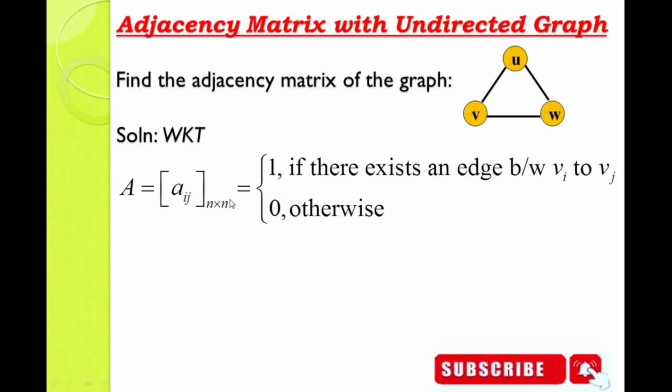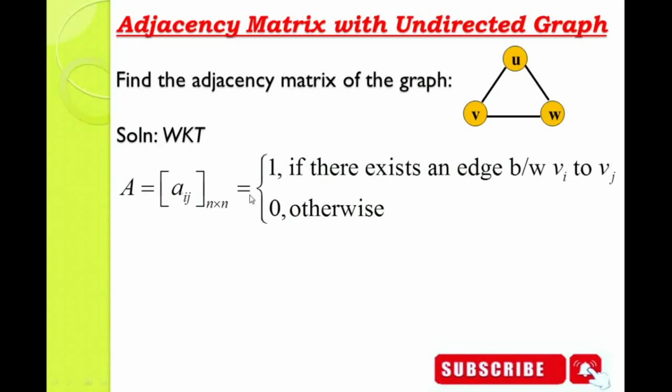Okay, so we consider both rows and columns are vertices only. So you get what is your adjacency matrix? You get a 3 by 3 adjacency matrix. Okay, so what is the meaning of 1? If there is an edge between a vertex Vi to Vj, we say the value is 1, otherwise 0.